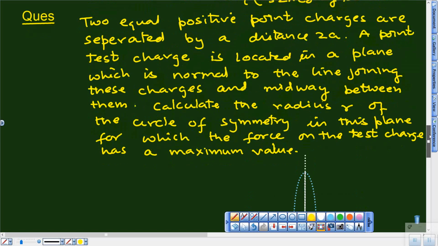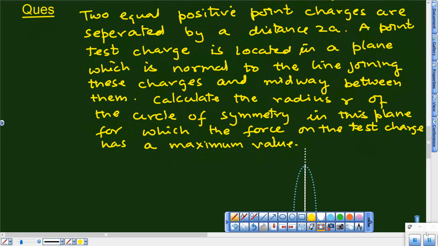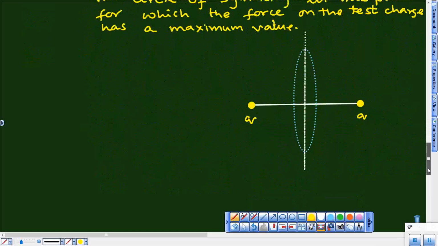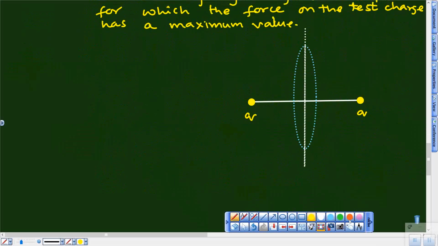Well, if you read the question, there's a charge that is kept at this point. So let's call this charge Q naught. It can be kept anywhere. It can be kept here, here, here, or here, anywhere.